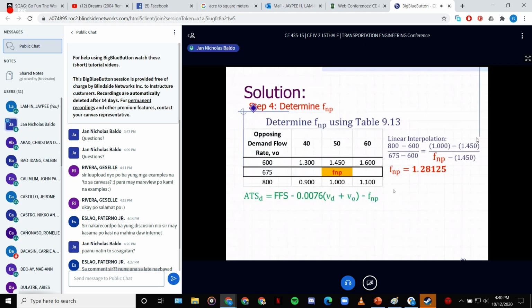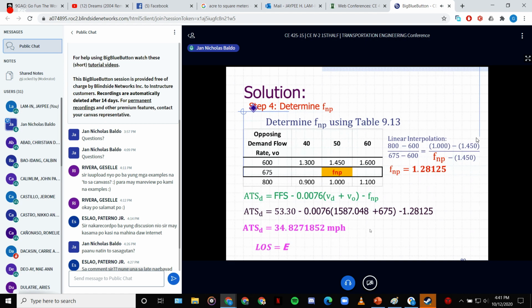Substitute, since kompleto naman na tayo, ito, 53.30. Bakit? Kamali ba ako? Ito yung average travel speed natin in the direction that we are analyzing. So, ibig sabihin, this is your level of service E.